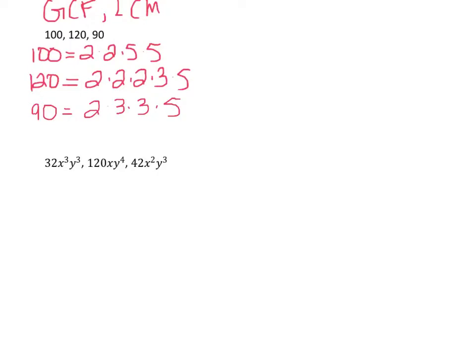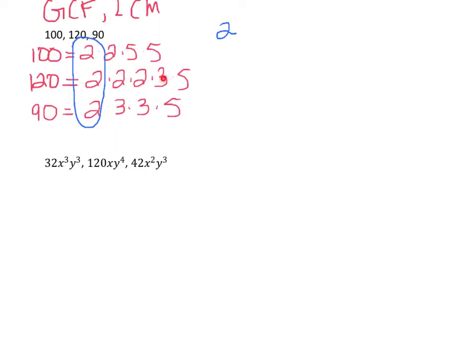For greatest common factor, what I'm going to do is look for values that show up in all 3 numbers. So I have a 2. So I write down 2. What you notice is that you do not have that second 2 here. So you can't count a second 2. We don't have a third 2 in either one of these places.